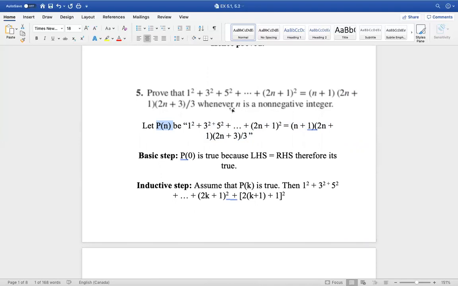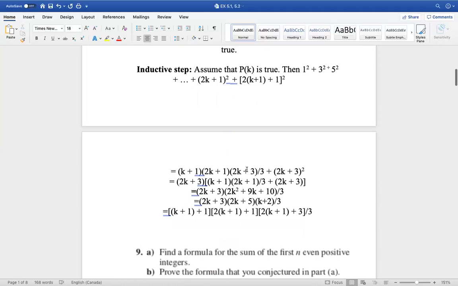So here we know that n is a non-negative integer, so the smallest one will be P of 0. Now we simplify this equation for n equals 0, and by doing that, we found that the left hand side equals the right hand side, therefore it's true. Since the basic step is true, we can proceed to the inductive step.